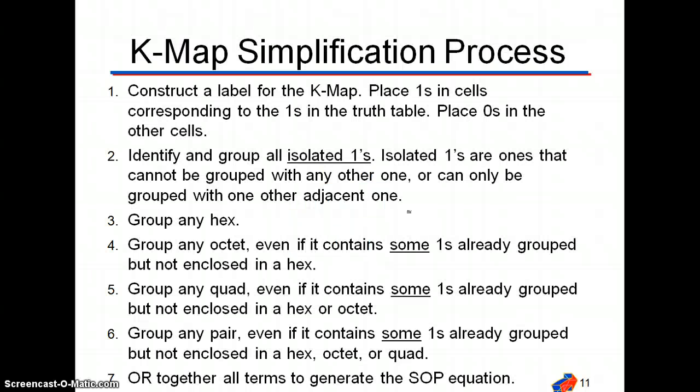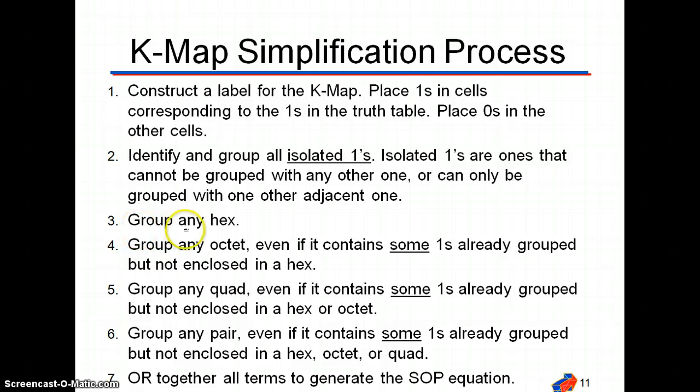Now the steps for the simplification process of K-map. First, we construct and label the K-map. We place ones in the cells corresponding to ones in the truth table, and place zeros in the other cells. Now we identify and group all isolated ones. The isolated ones are the ones that cannot be grouped with any other one, or can only be grouped with one other adjacent one.